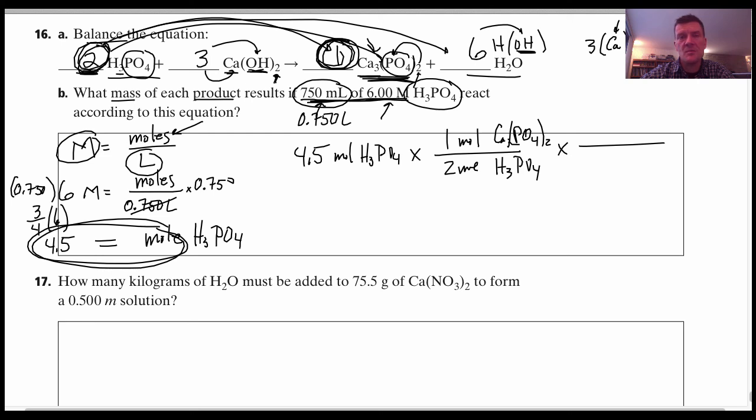Look in the periodic table for the molar mass of phosphorus, and you're going to have 2 times 4, 8 oxygens. All right? So find calcium, phosphorus, and oxygen. Take 3 times the calcium, get that number. Take 2 times the phosphorus, get that number. 8 times the oxygen, get that number, and add them all up, and that is going to go right here.